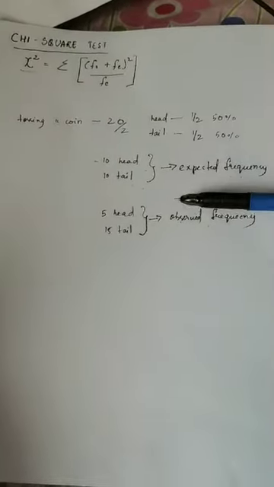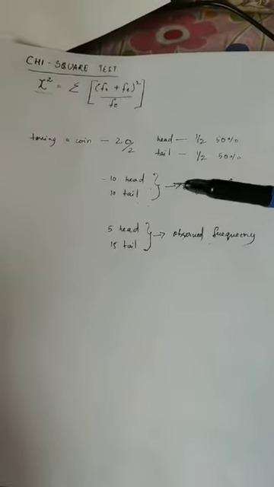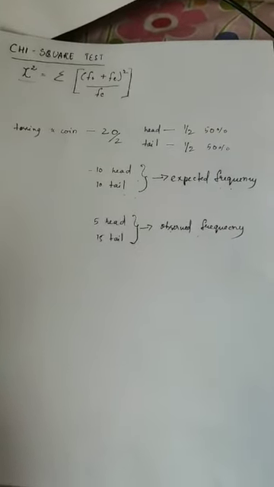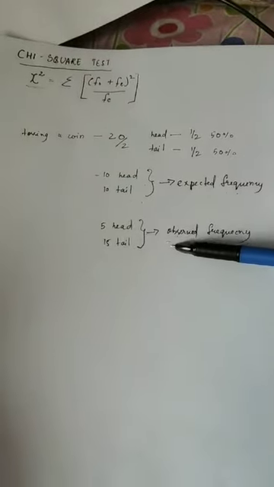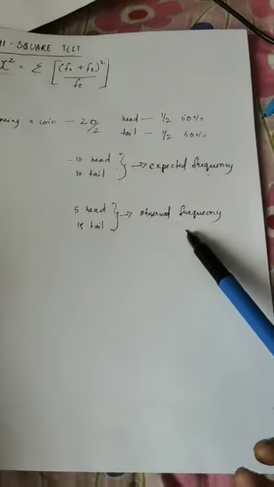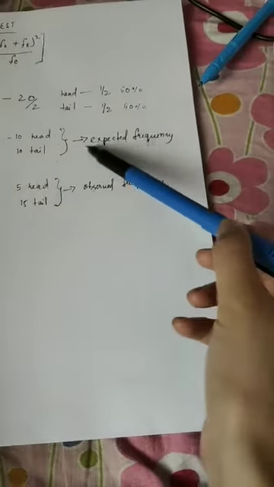Chi-square is also called a goodness of fit test because it determines how well the experimentally obtained result fits the result expected theoretically.